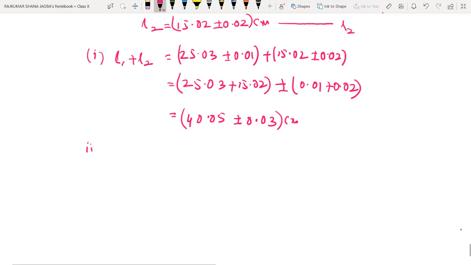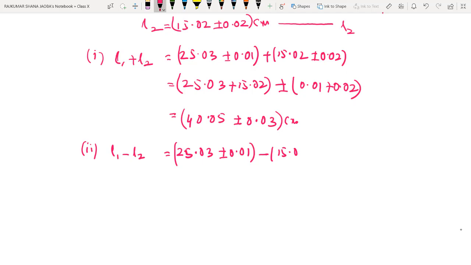And number two, say L1 minus L2 is 25.03 plus minus 0.01 minus 15.02 plus minus 0.02.